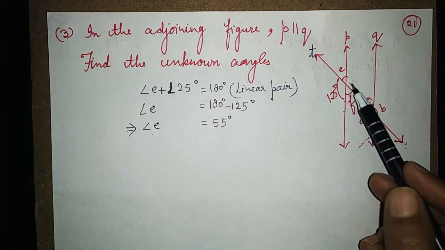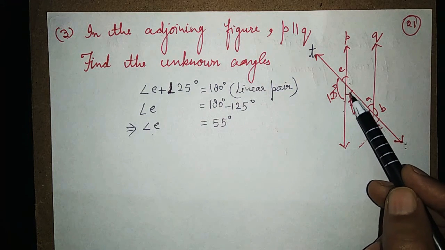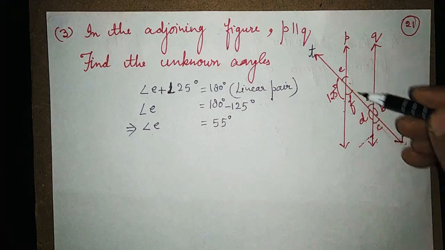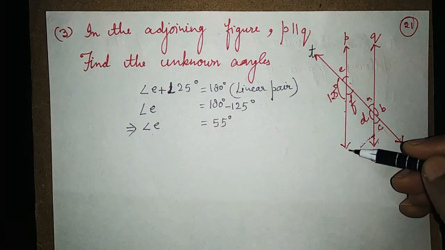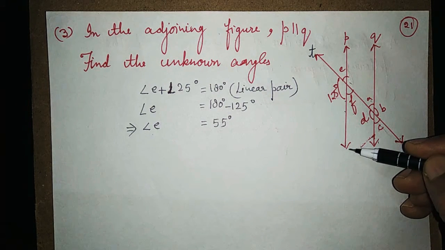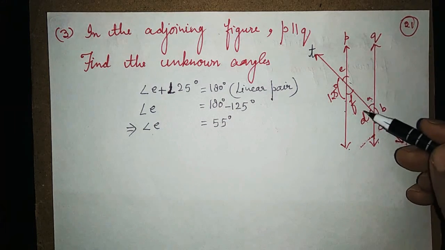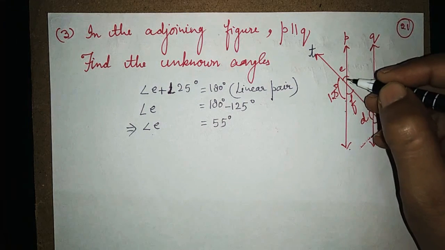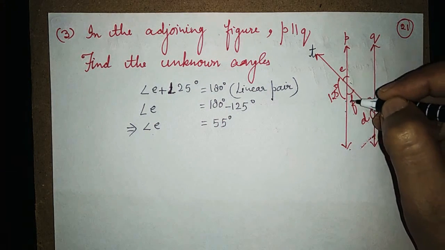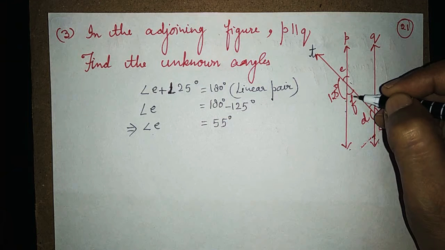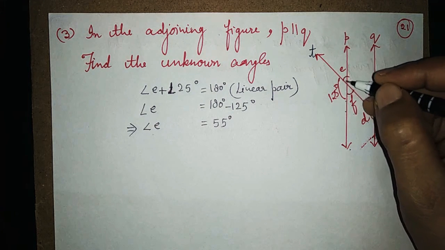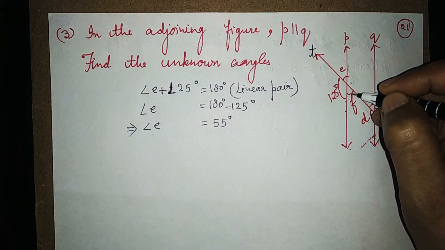Now you have calculated the value of angle E. Now we can find the value of angle F also. Here you can see that line P and line P are straight lines and they are intersecting each other. So angle F and angle E are both vertically opposite angles, and we know that vertically opposite angles are equal.